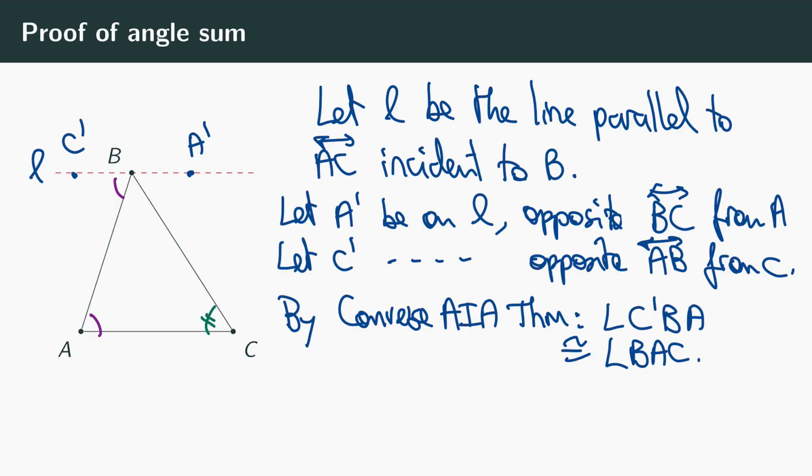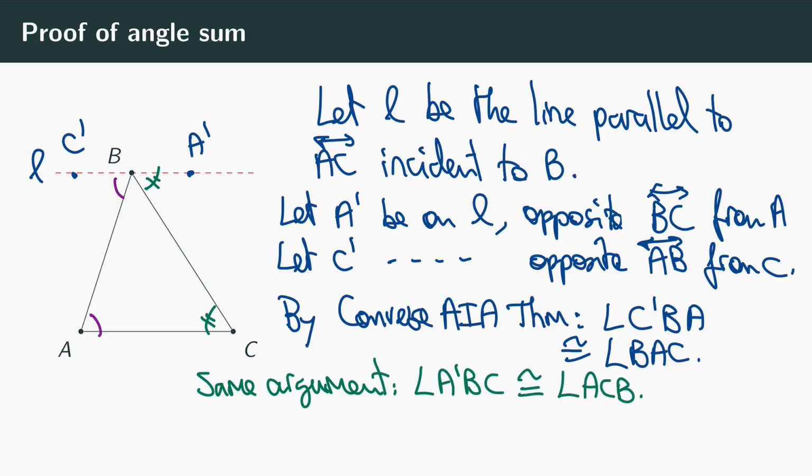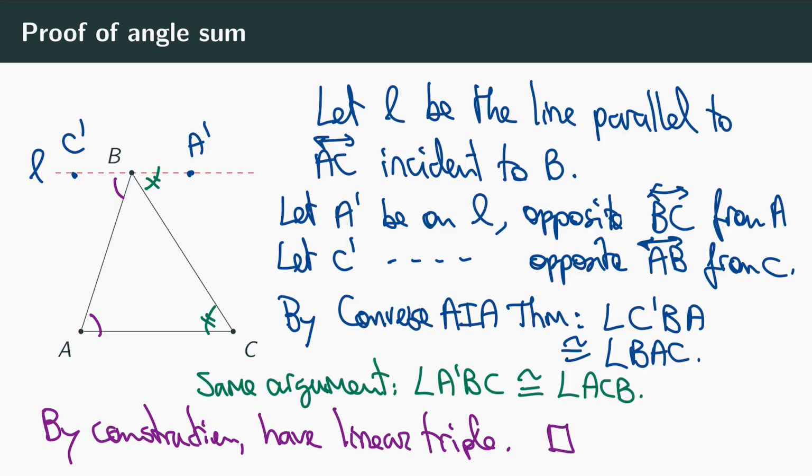We have a pair of alternate interior angles. And so the same argument. Okay, so now we have those guys there, but then by construction, we have a linear triple.